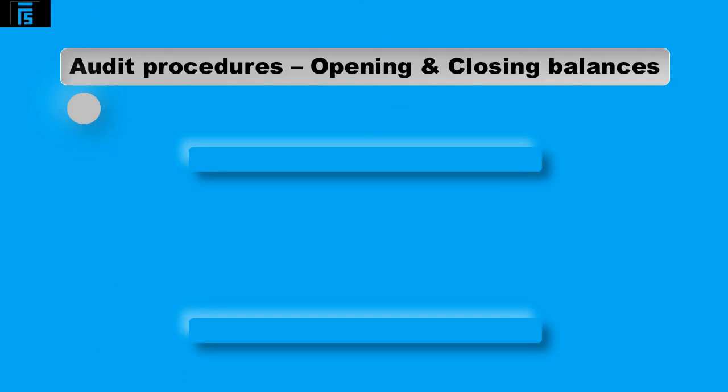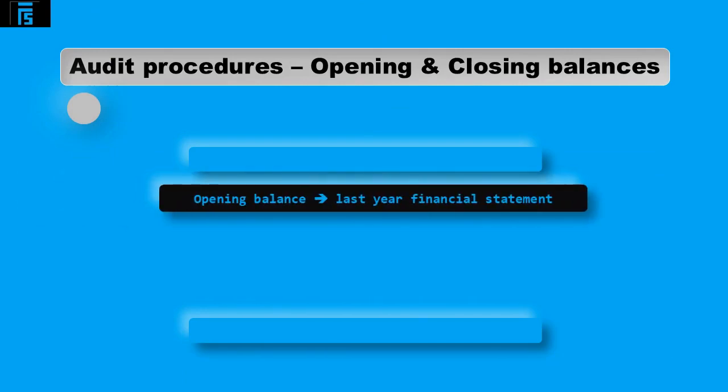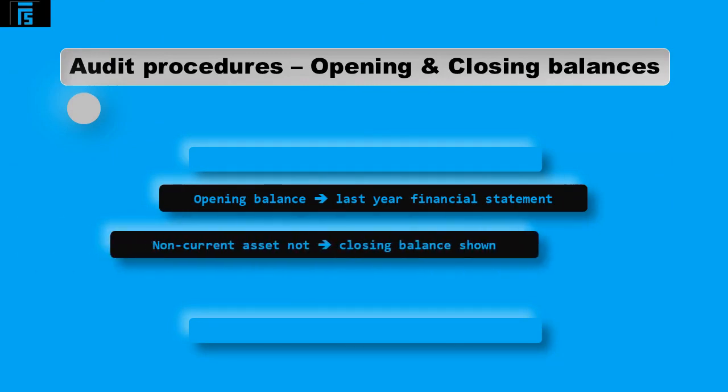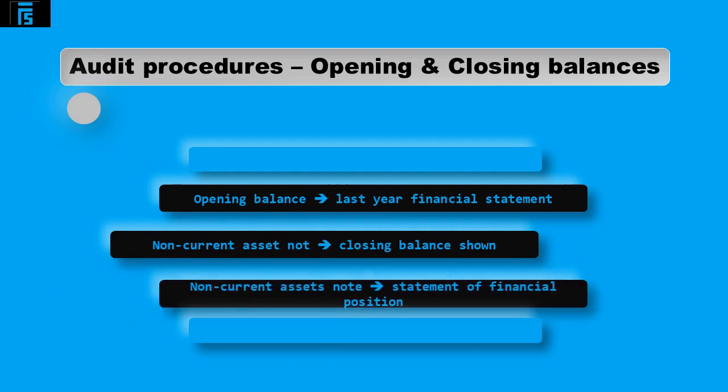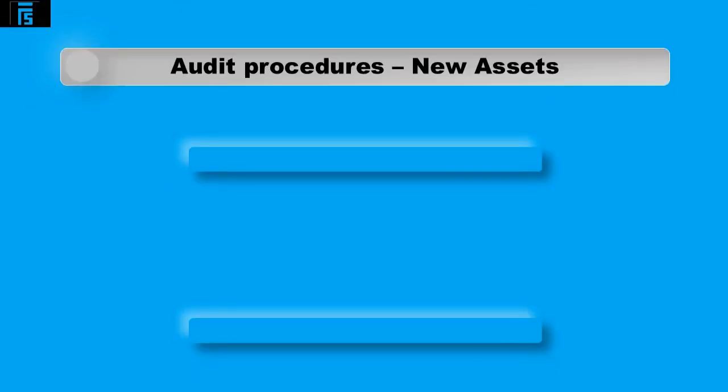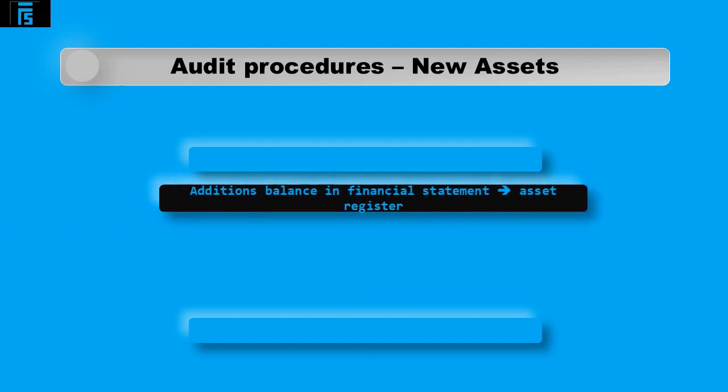Audit procedures for opening and closing balances include agreeing the opening balance to last year's financial statements, adding up the non-current asset note to ensure the auditor agrees with the closing balance shown, and agreeing the closing balance for non-current assets in the note to the balance shown on the statement of financial position. For new assets purchased, audit procedures include agreeing the additions balance in the financial statements to the asset register.